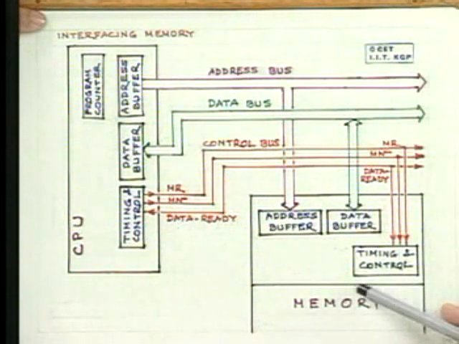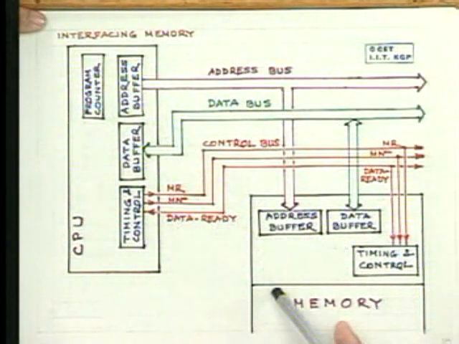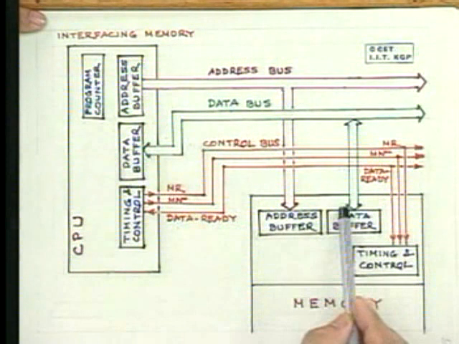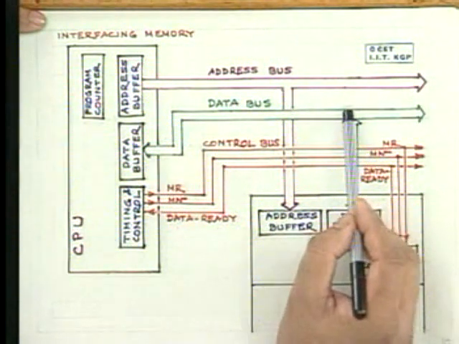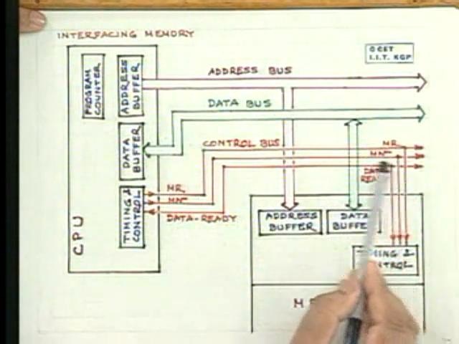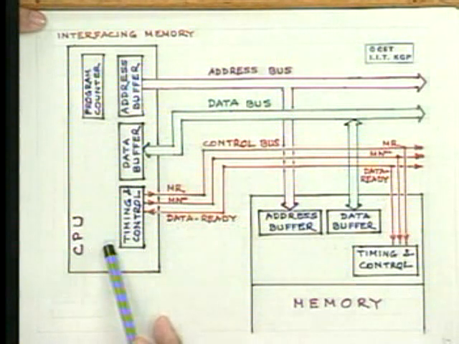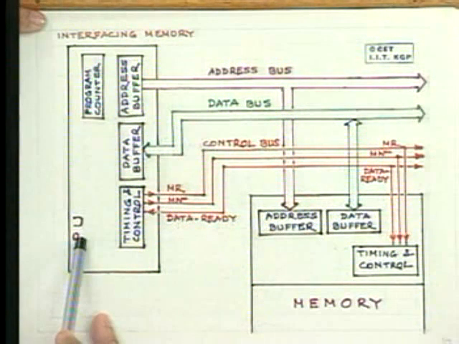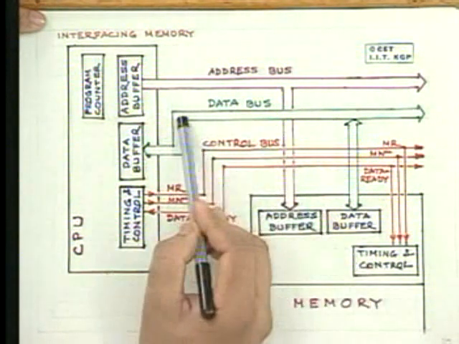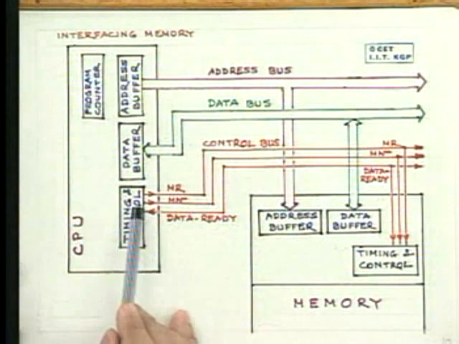The memory unit then takes the address, takes the content of that memory location, and puts it onto the data bus, and through the data ready line says to the CPU that the data is ready, and then the CPU reads the data into its data buffer. By that, what I mean is that there is a protocol and handshaking between the central processing unit and the memory unit.